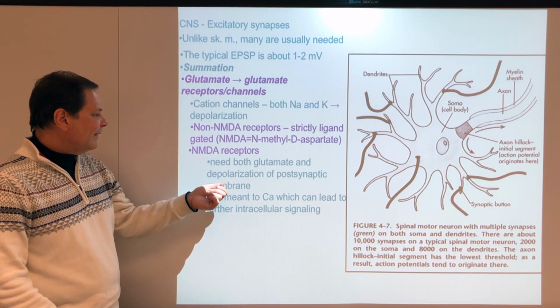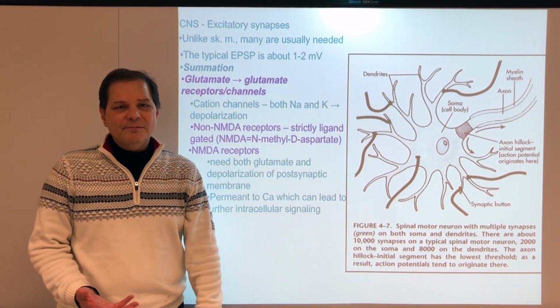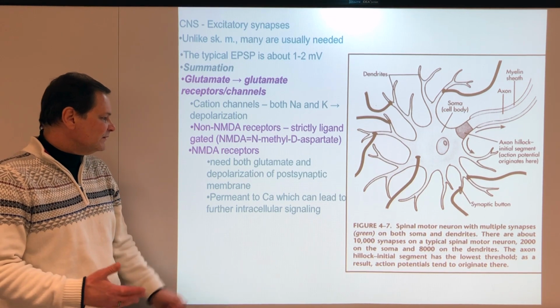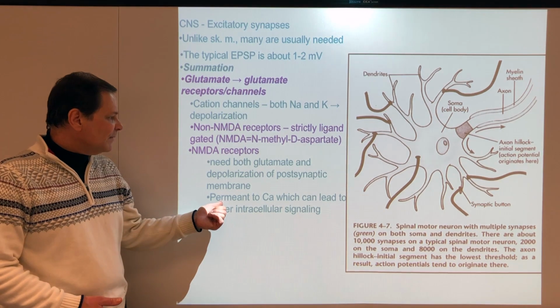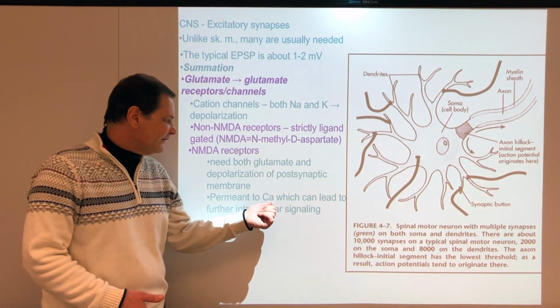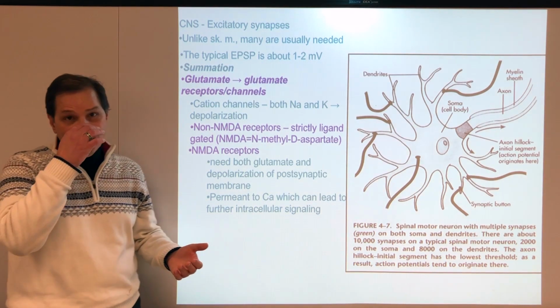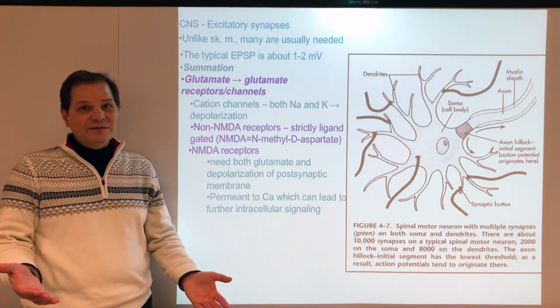The NMDA receptor binds glutamate, and it needs to do that, but it also needs some depolarization of the membrane to open. Just binding glutamate isn't enough. You need some change in voltage. But this one is special because in addition to sodium and potassium flowing, it allows calcium to flow into the cell. And as you know, calcium is a really important signaling molecule. When it goes up, it causes changes in the cell.